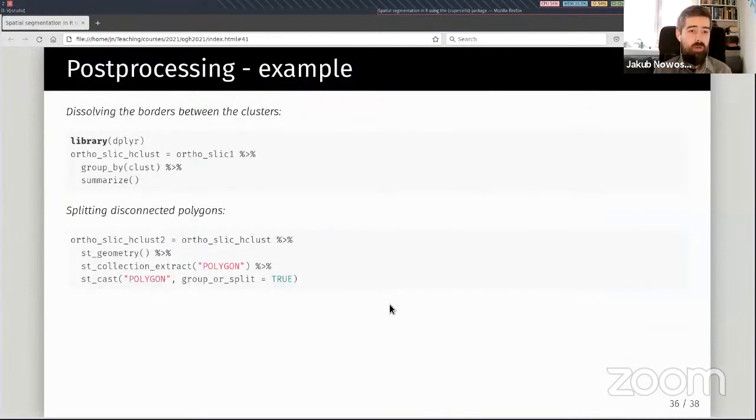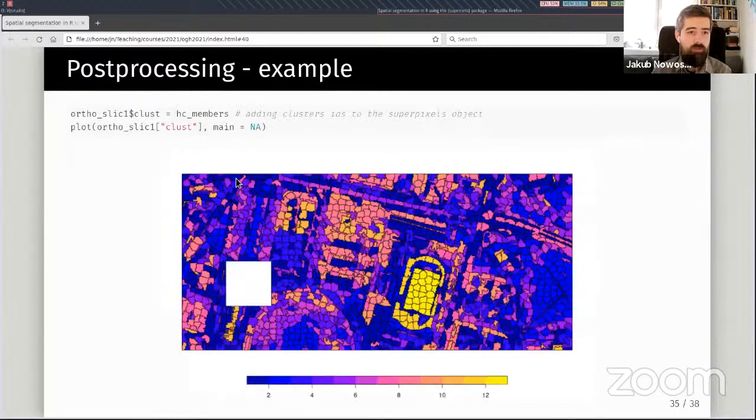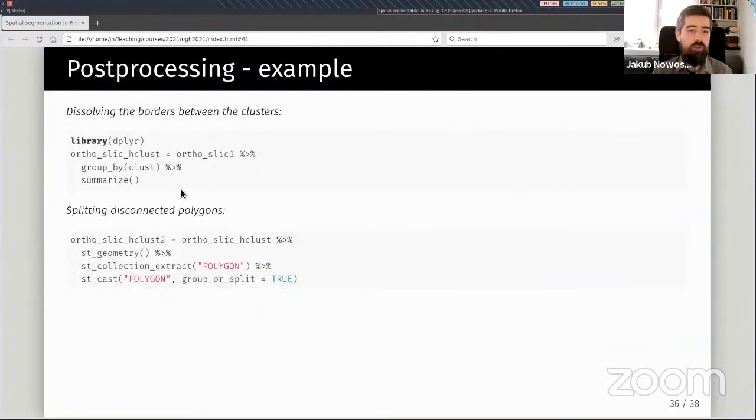So now what we can do is, first of all, use those clusters and put them as a column in our SF object. And next, we can do some spatial operations on our SF object. So here, I'm just dissolving borders between my clusters.